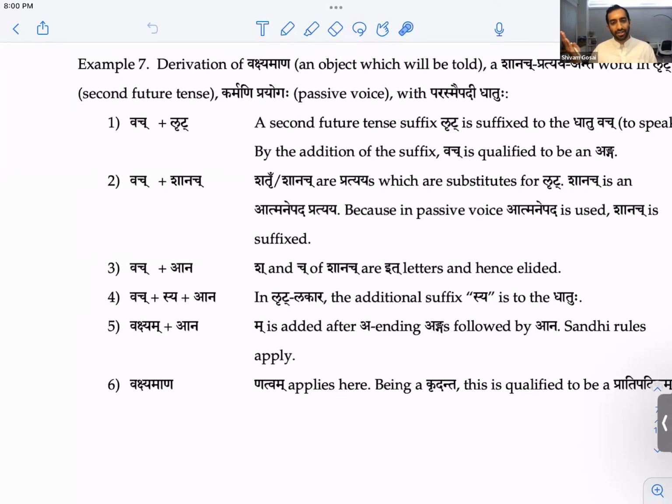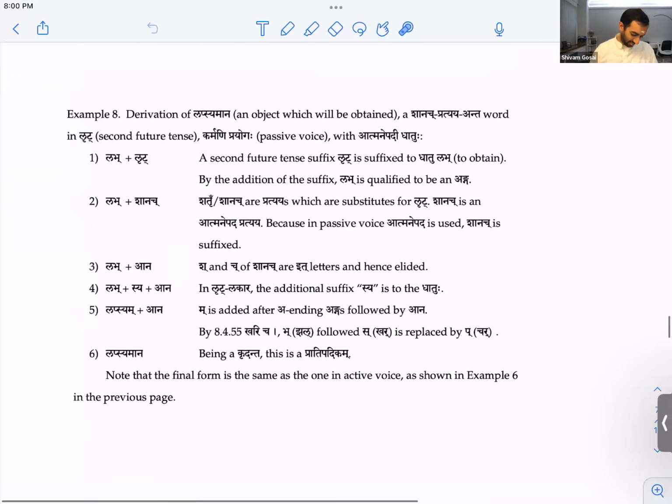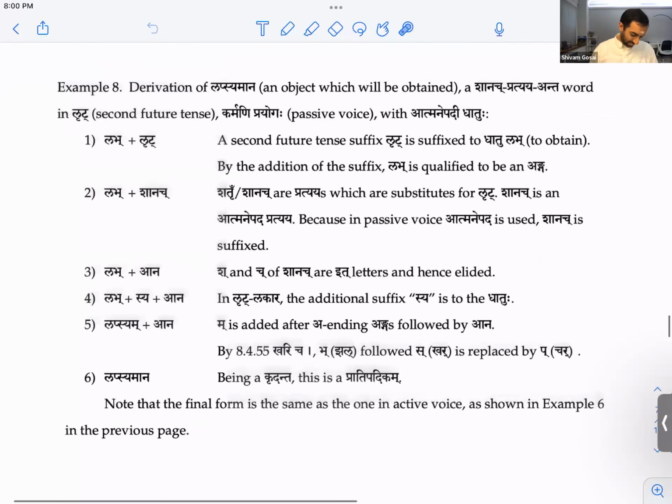Vakshat will be a subject, Vakshamana will be an object. We just have to be careful. I think we saw this example, lapsyamana, already. Yes, we've seen this example.